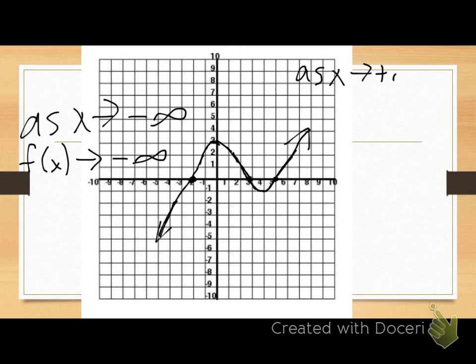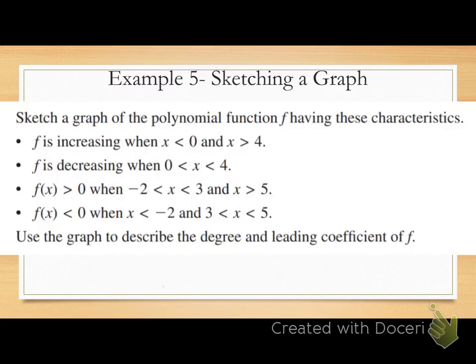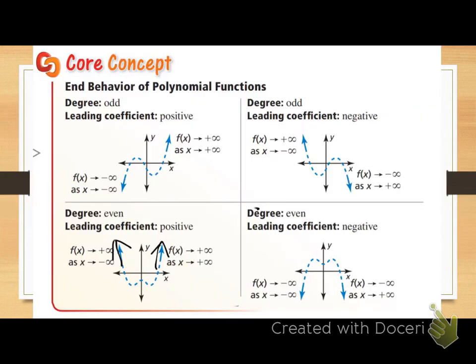As my x values are getting bigger and going towards positive infinity, what's happening to my y values? It's going up to positive infinity. So I'm going to my little chart that describes my end behavior, and I'm looking for the one that matches these two end behaviors.